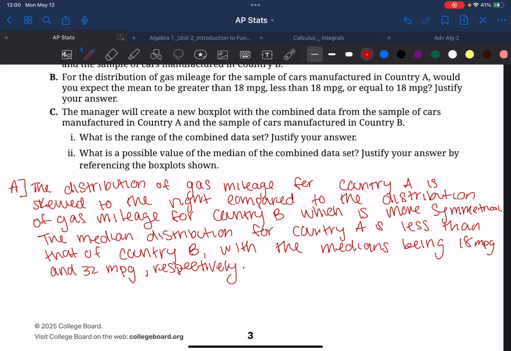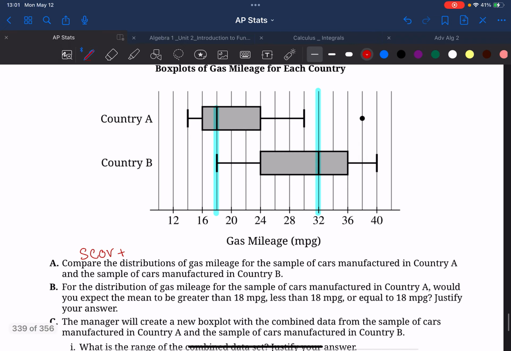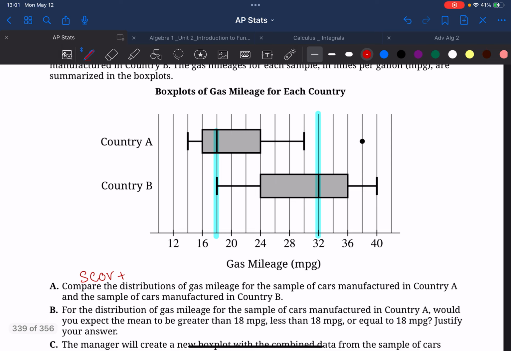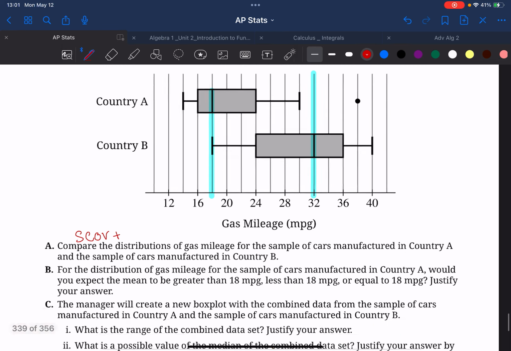Now I'm going to look at the variability, and remember, for any type of skewness mentioned in the distribution, the variability we talk about is the IQR. In order to calculate the IQR, I would be looking at the third quartile and the first quartile, finding those values, and then subtracting Q3 minus Q1.